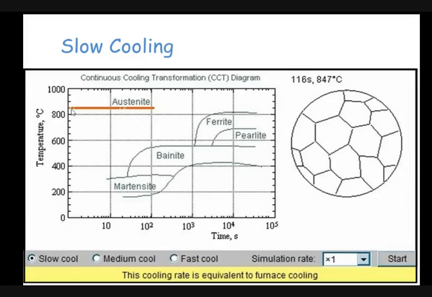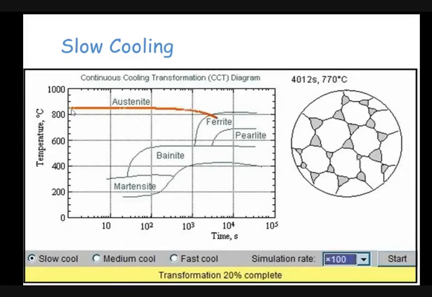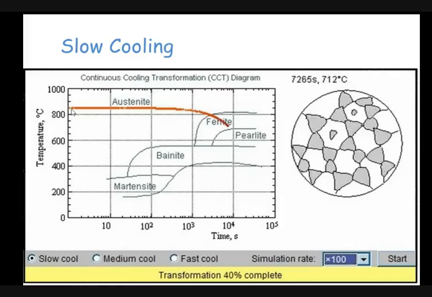Now when you go for continuous cooling, you are entering into the ferritic region, so ferritic transformation starts. Obviously, if you are looking at eutectoid steel or hypoeutectoid steel, then austenite transforms into ferrite.